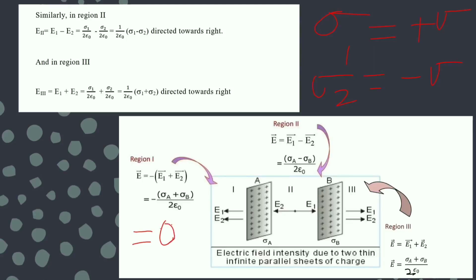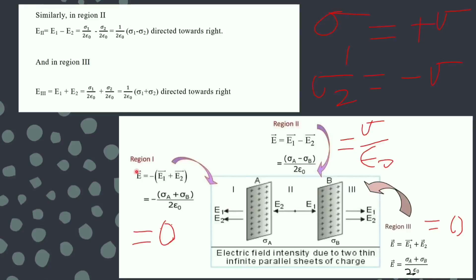And here also you will get 0. And here you will get sigma upon epsilon. You can work it out yourself.